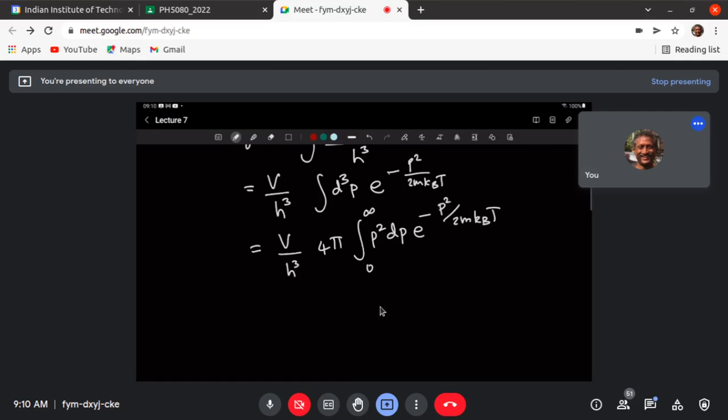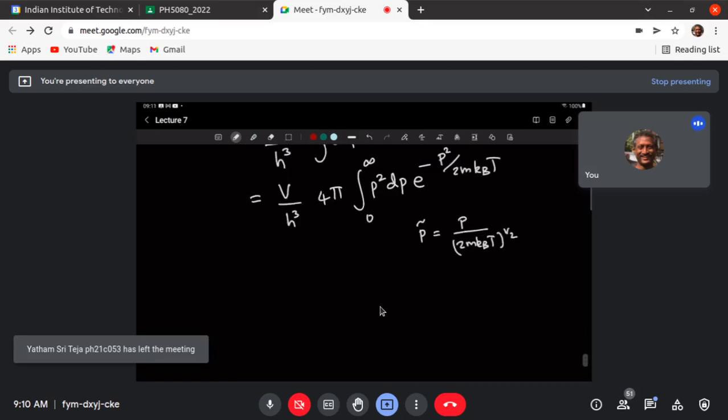Right, because it's just the magnitude. So we have to do this integration. Before we do that, let's do a change of variables. Let's define p tilde to be p upon (2m kbT) to the power half.